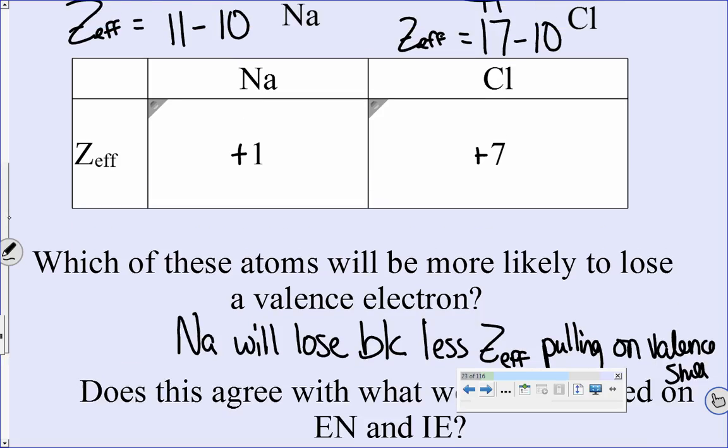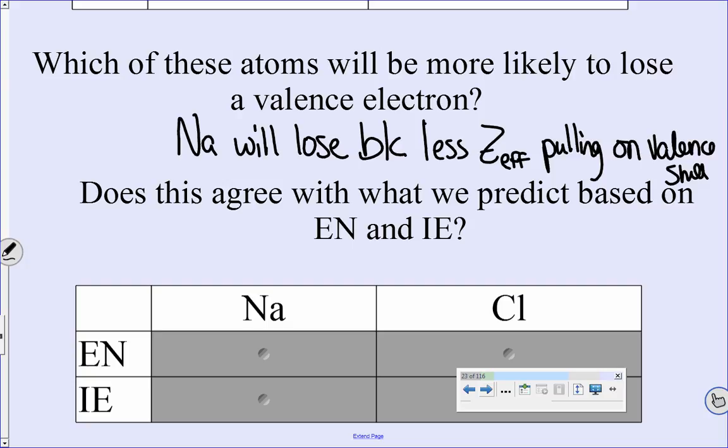If you look at the effective nuclear charge for chlorine, this +7 here is being felt by any electrons in that outside ring and any other electrons that come nearby. So if you have a valence electron in sodium, and then it sees a chlorine, chlorine can kind of pull that electron away because of that higher effective nuclear charge.